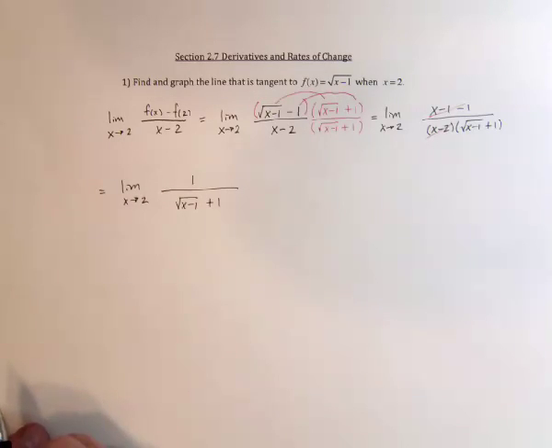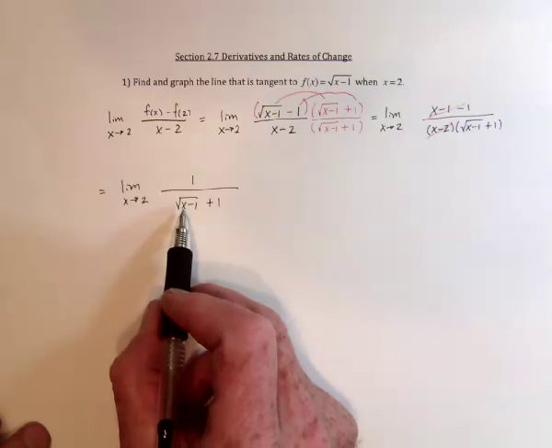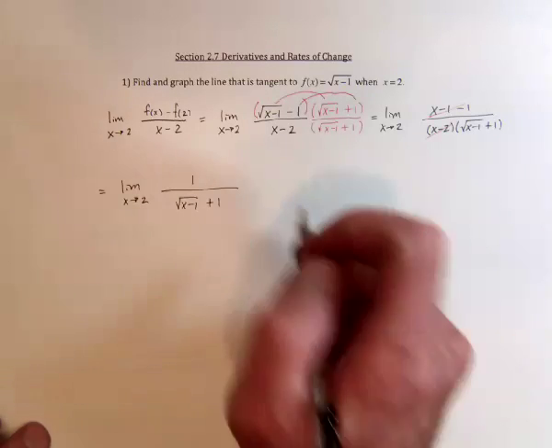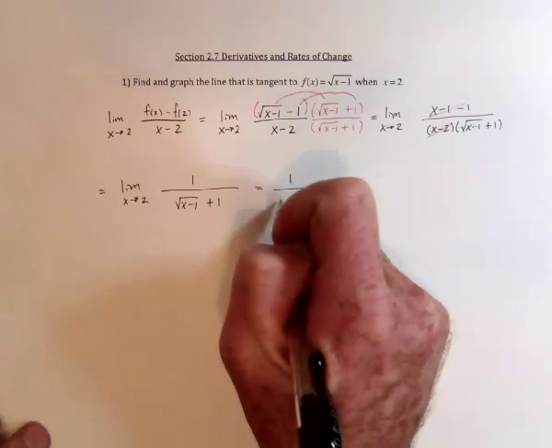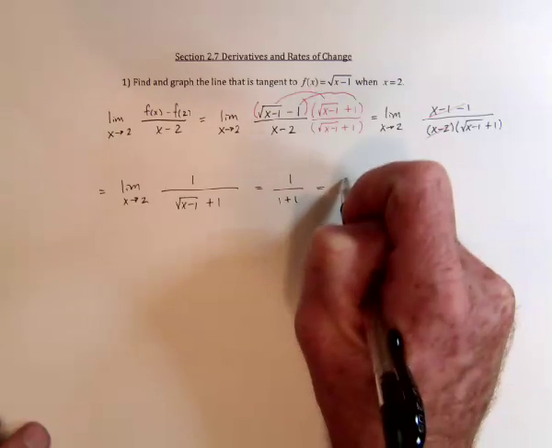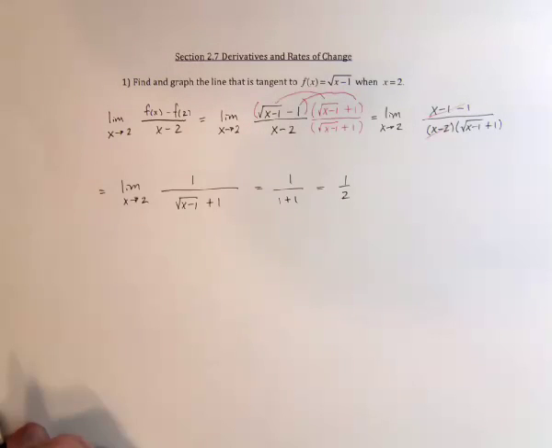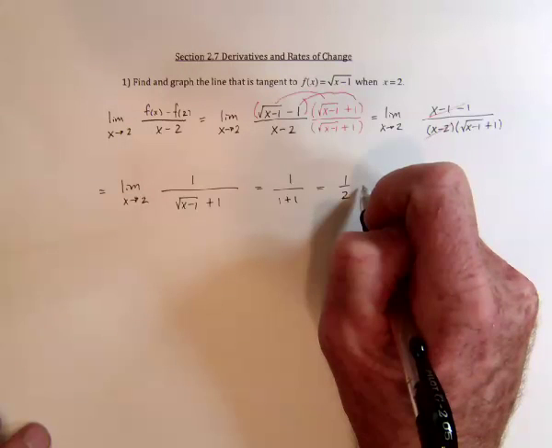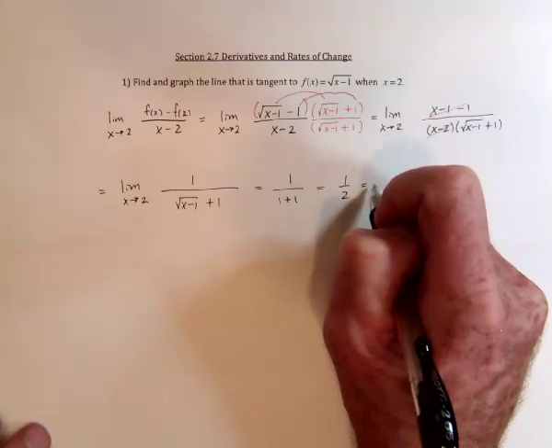And now substitute in a 2. This is going to become the square root of 1 plus another 1. So the slope is 1/2. So what we've got is, this is the slope of the tangent line.